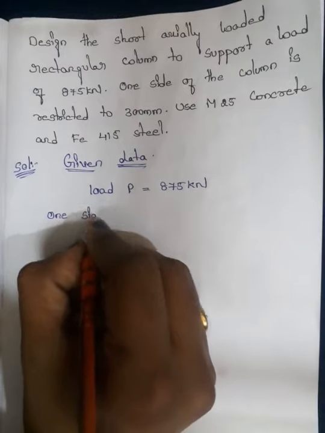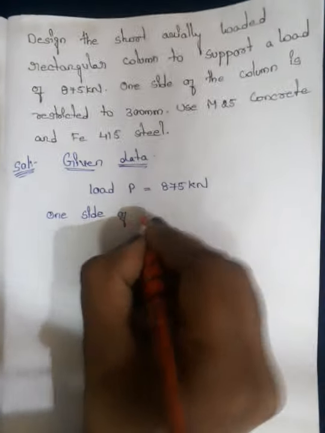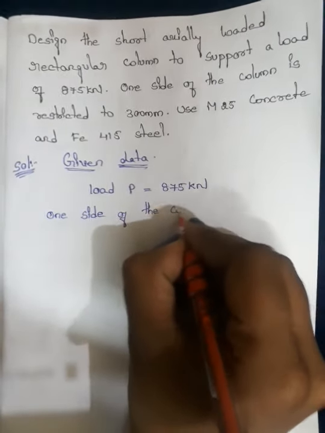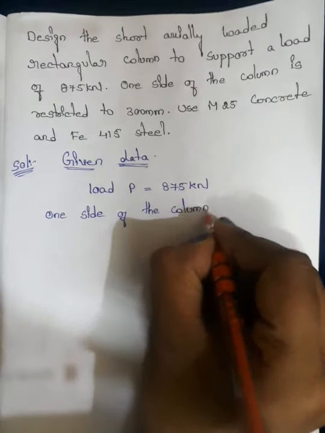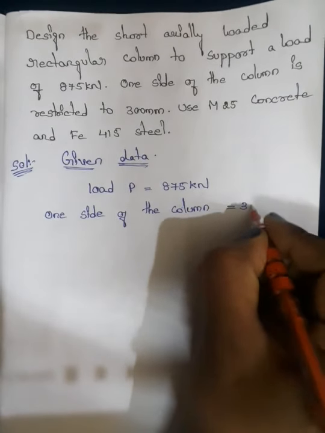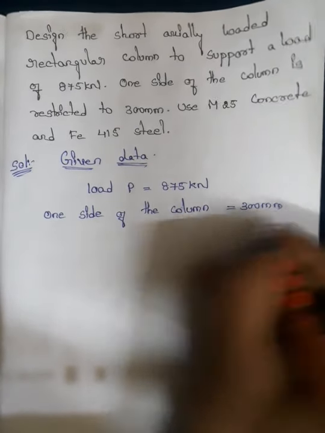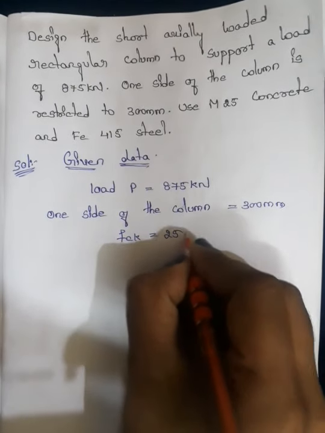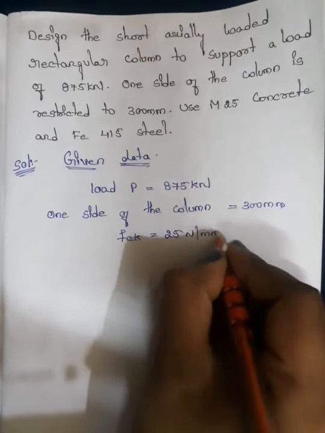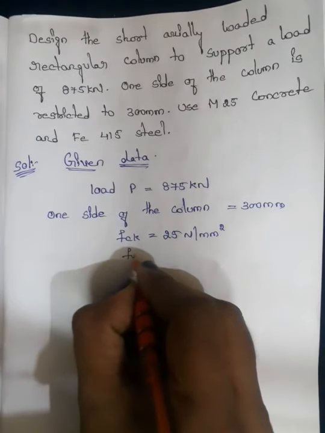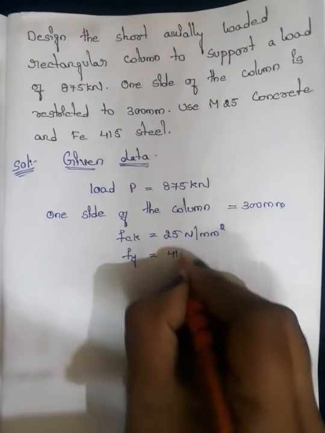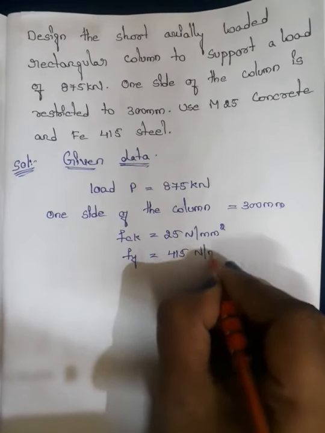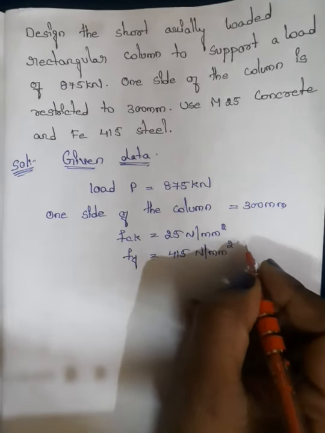One side of the column is equal to 300 mm, and fck is equal to 25 Newton per mm square, and fy is equal to 415 Newton per mm square. So this is the given data.